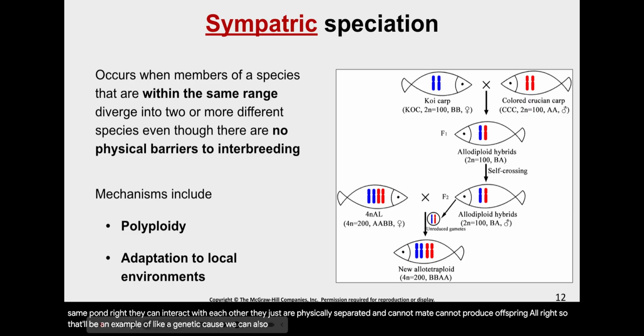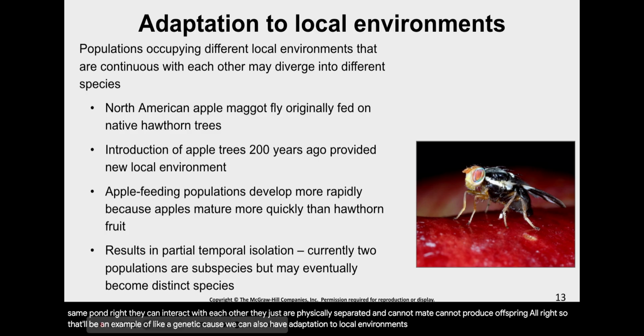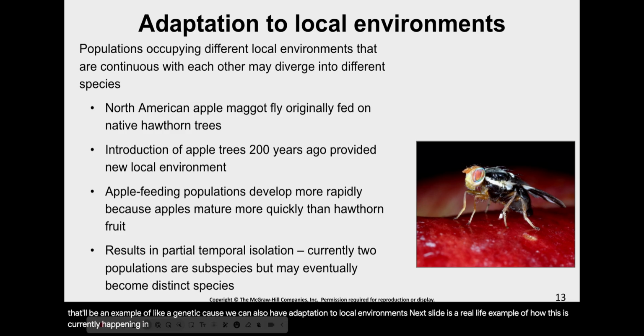We can also have adaptation to local environments, which this next slide is a real life example of, how this is currently happening in these North American apple maggot fly populations. So they're not new species yet, but this mechanism of sympatric speciation is at play.